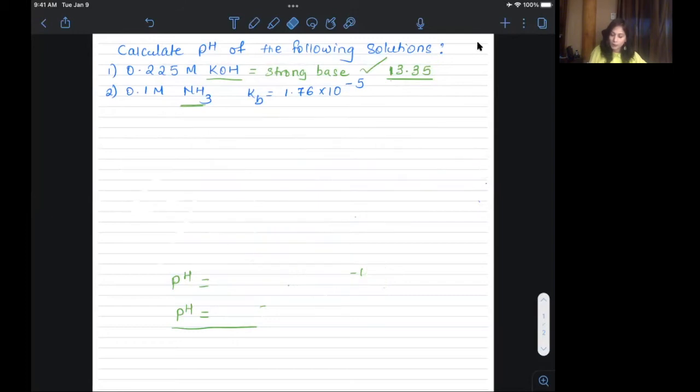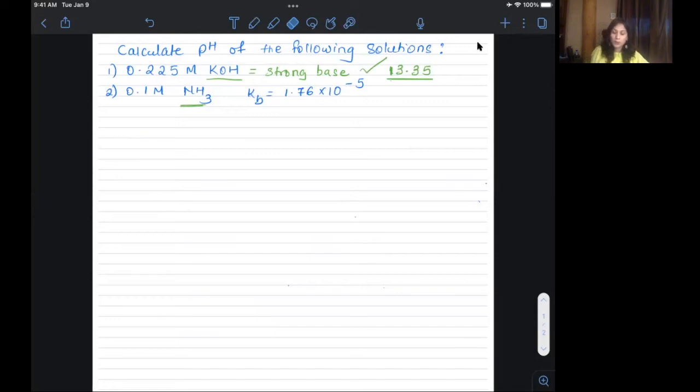It is going to partially dissociate, and therefore to calculate the hydroxyl ion concentration, you will have to look into the concentration at equilibrium. And to calculate the concentration at equilibrium, obviously we are going to need the ICE tables, which will tell us the value of each species at equilibrium.